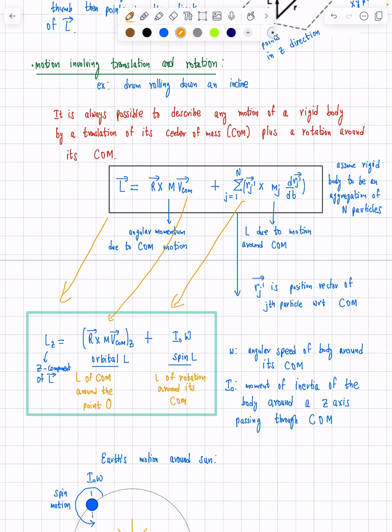If I assume that the axis of rotation is in the z direction and passing through the center of mass, then this simplifies to I naught omega.